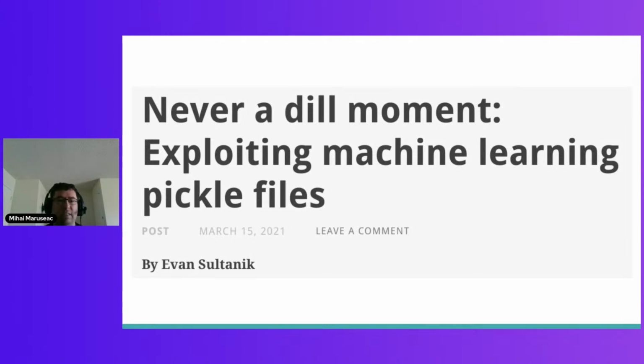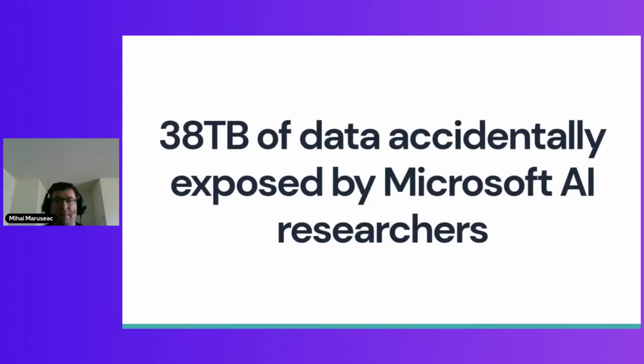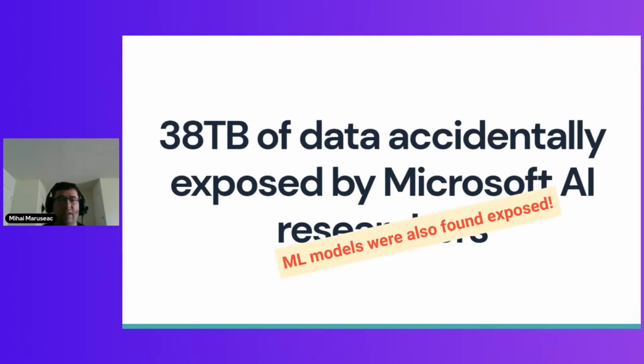And Pickle is very fickle, it's very insecure, it can be easily exploited. And this was actually a problem. Last year, 38 terabytes of data were exposed. And inside this huge bucket, there was a lot of data from Microsoft AI researchers, including models, and a lot of these models were using Pickle.